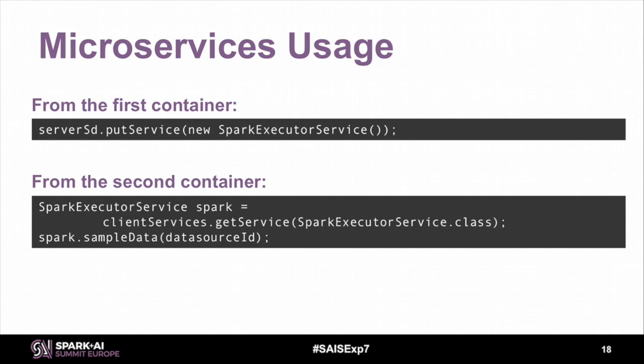You can simply say, okay, in my service directory, I want to put a service, and in our case, it's going to be a Spark executor service where we can invoke APIs, and then from another container, I can basically look up that service and start invoking calls of that service.